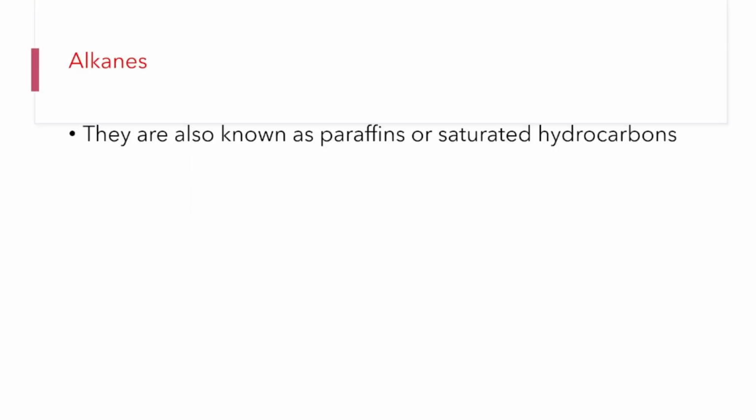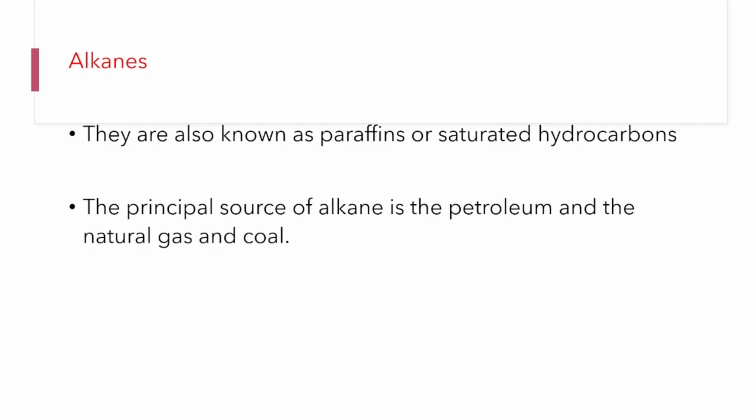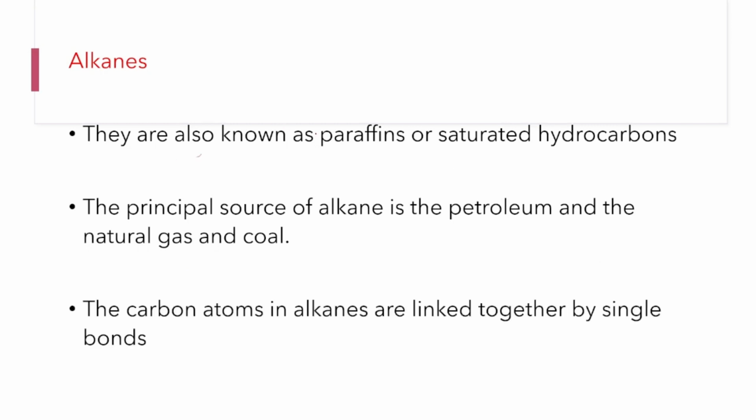What are alkanes? Alkanes are saturated hydrocarbons. When we say saturated hydrocarbons, this means that they are hydrocarbons in which all the bonds are single bonds. Alkanes are also known as paraffins.